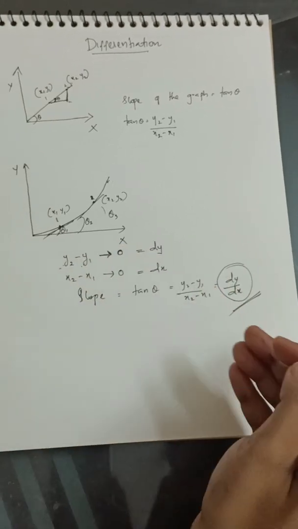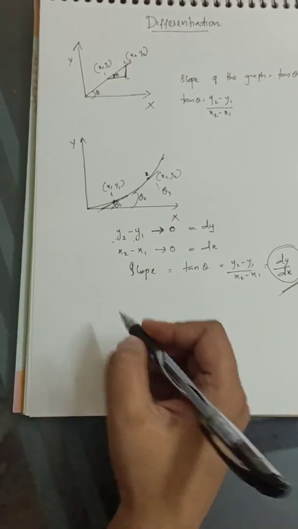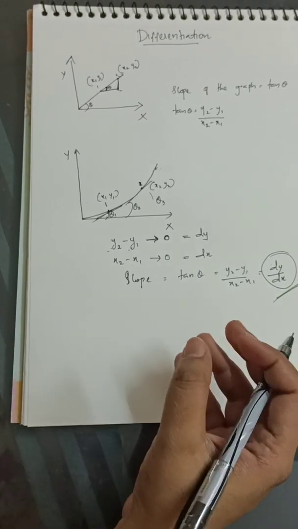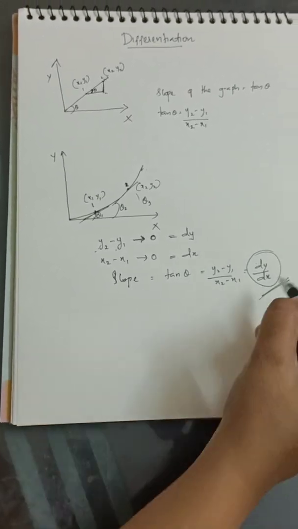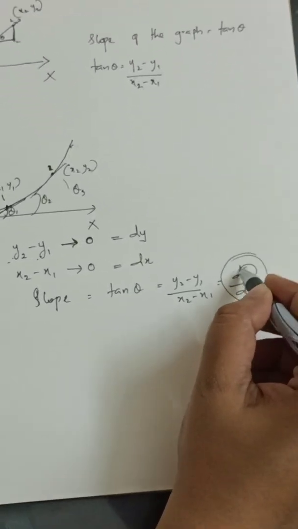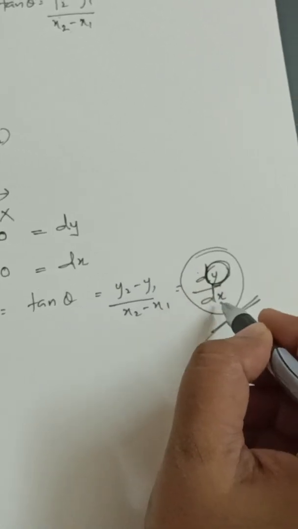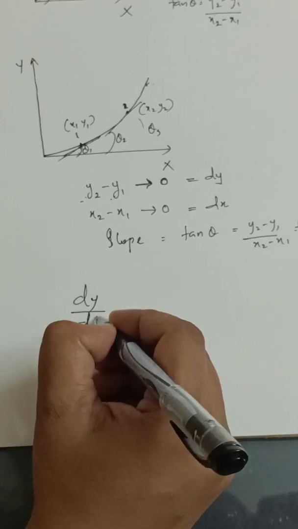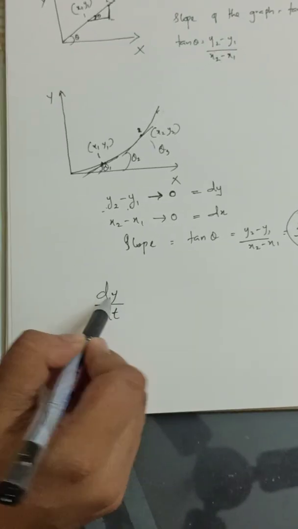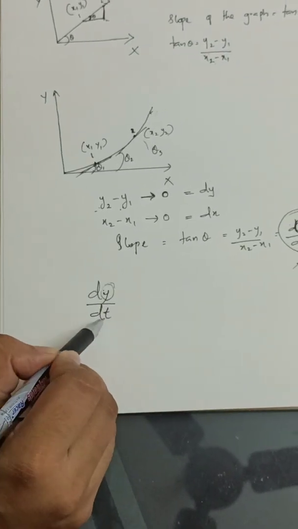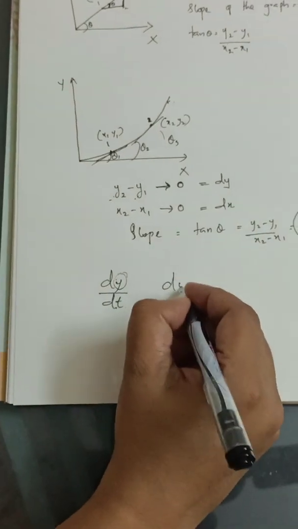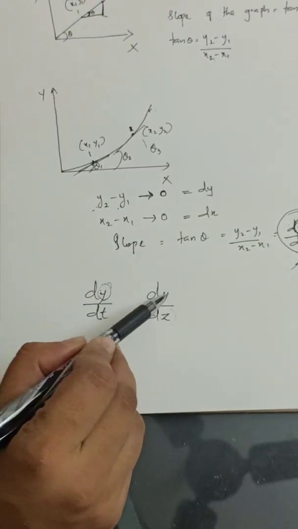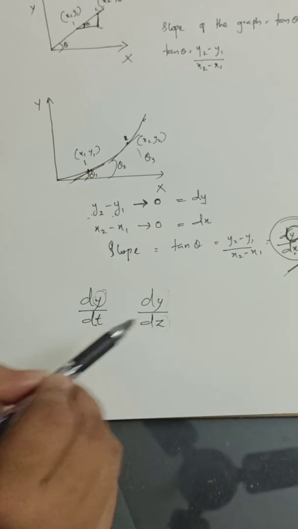Again, we have another definition: it is the rate of change of a function with respect to the variable. Here you can see it is the rate of change of y with respect to x. We can have dy by dt, the rate of change of y with respect to t, or dy by dz, where the variable will be z. We are differentiating y with respect to z.